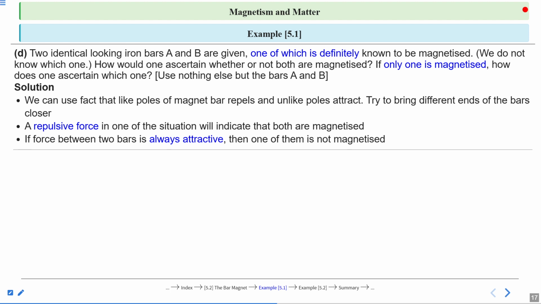The repulsion case is only when the other magnet also has magnetization, that is, it also has north and south poles. So if the force between two bars is always attractive, then one of them is not magnetized. So the first part is finished. Now move on to the second part. What is the second part? Only one is magnetized, so we have to find which one.